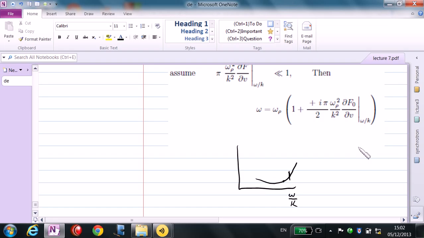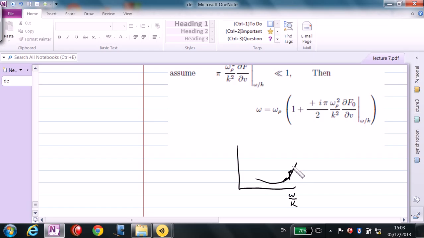More particles in the higher energy state than in the lower energy state, because it's reversible. A particle that's on this side of the resonance can be accelerated, and a particle that's on this side of the resonance can be decelerated.